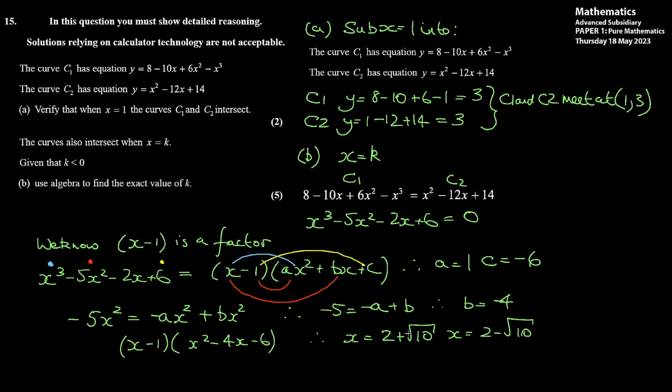And these are the possible answers for k. But we're told that k is less than 0, so only this answer will satisfy the requirements. So therefore, as k is less than 0, k is equal to 2 minus the square root of 10.